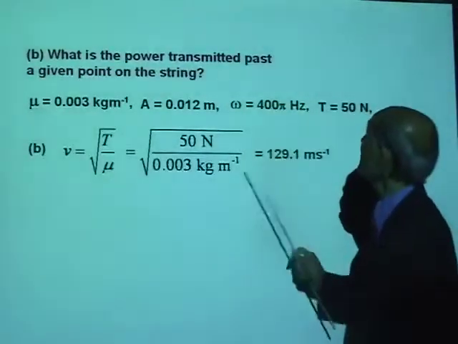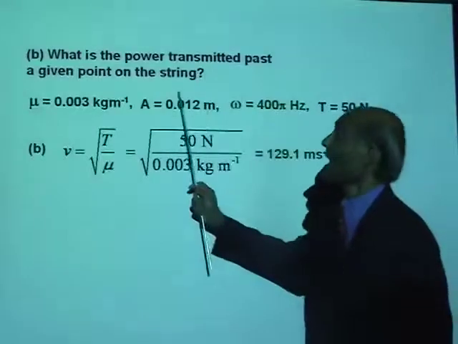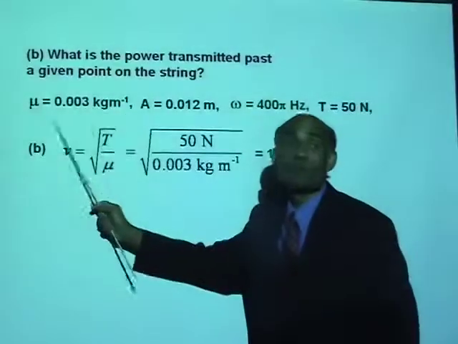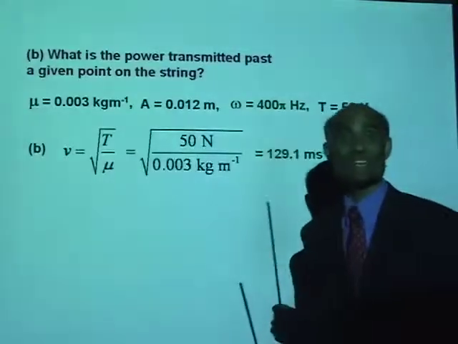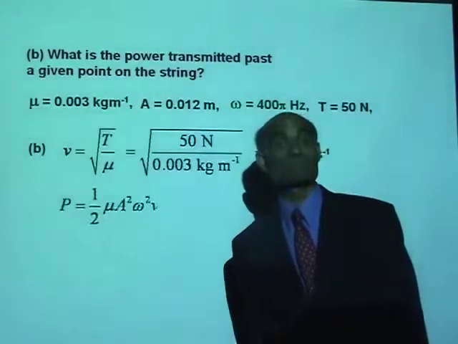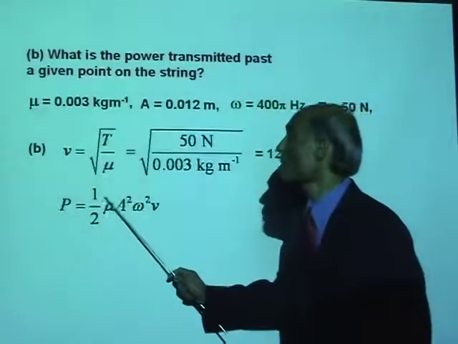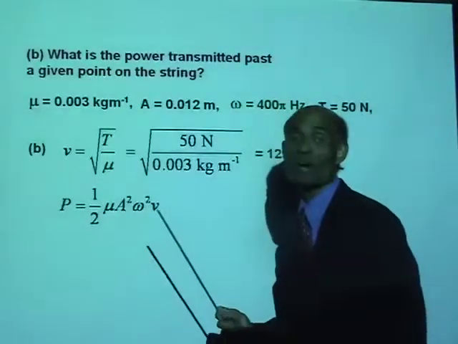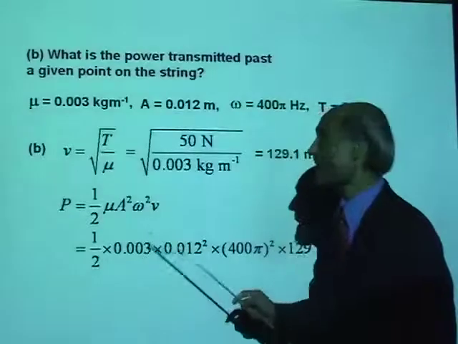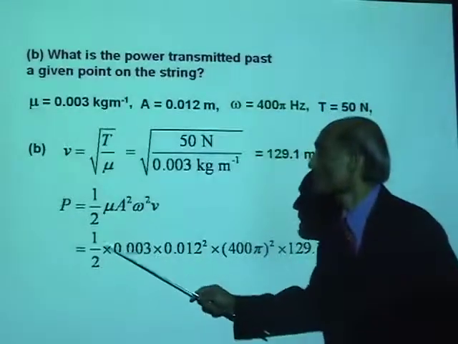I have v, I have omega, I have a, I have mu. All those values that I need are present here. Let's use it to find the power. Power is 1/2 mu a squared omega squared v, and that will be, put all those values.